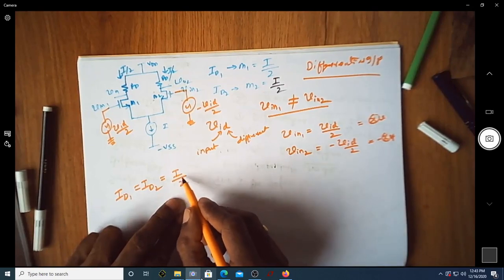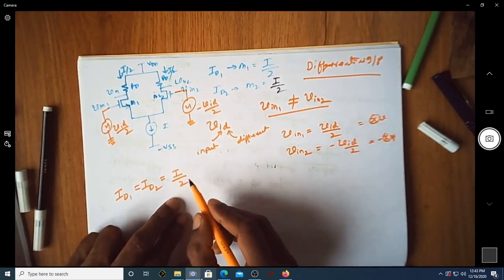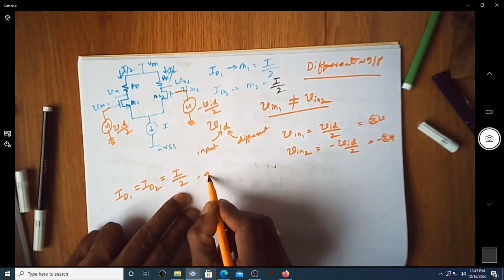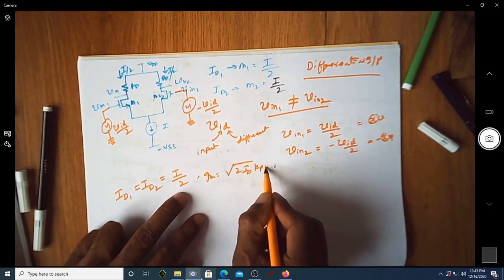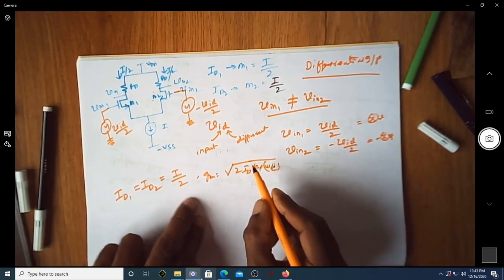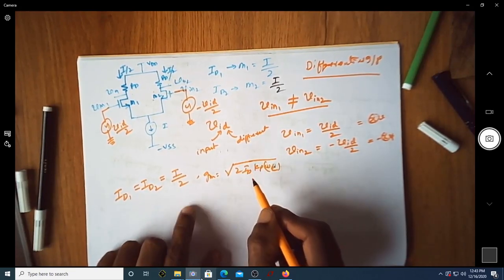Because of this current, we are going to have a corresponding gm. You can write gm equal to the square root of 2 ID Kp W by L, where this ID happens to be I by 2.